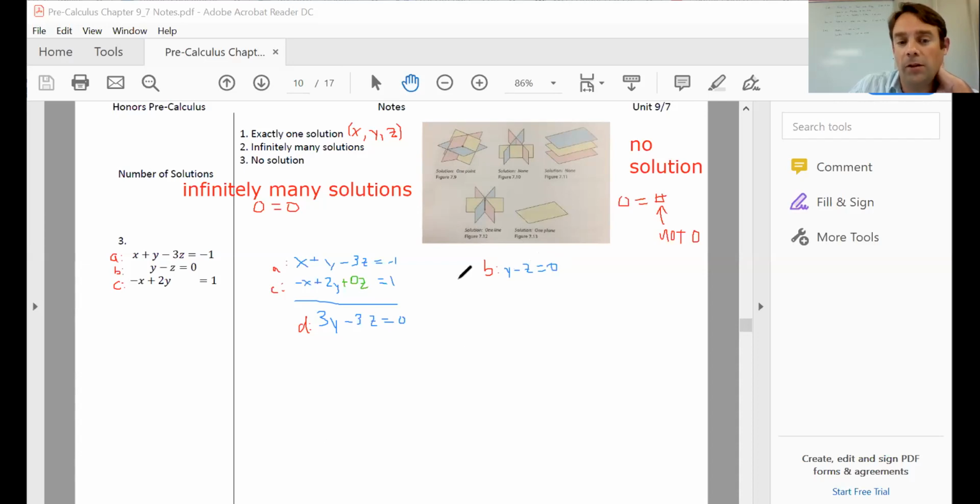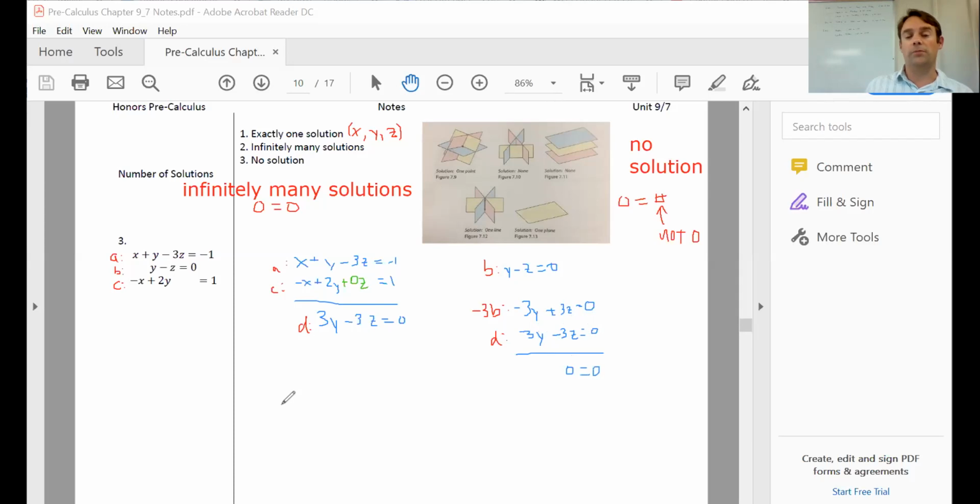I can go right to combining B and D. What if I were to combine B with negative 3, and then combine that with D? I can do that because, again, B didn't have any x's in it to begin with. So negative 3y plus 3z equals 0, and 3y minus 3z equals 0.